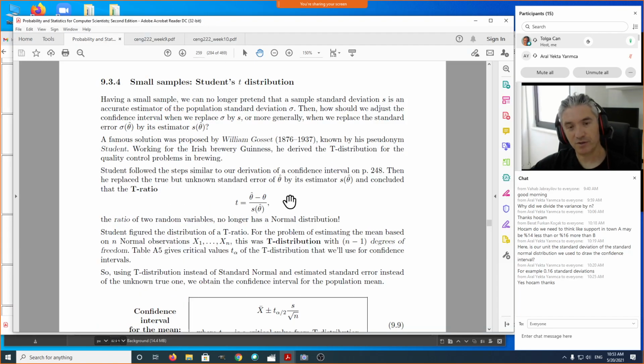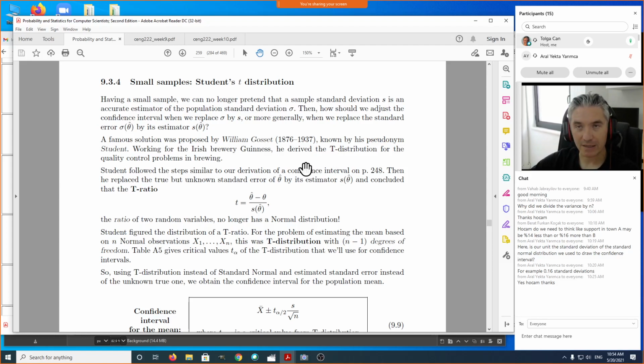Now, this is a bit of history. He found Student's t distribution while he was working for the Irish brewery Guinness, and he described the t distribution for quality control problems in brewing. So even in the late 19th or early 20th century, they were trying to standardize the production of beer in quality, to have constant measured quality of what is produced.